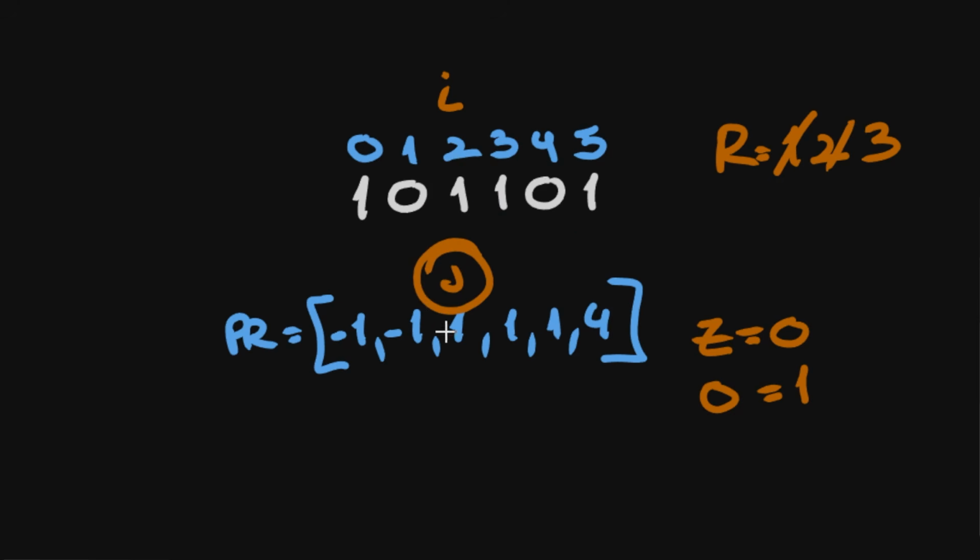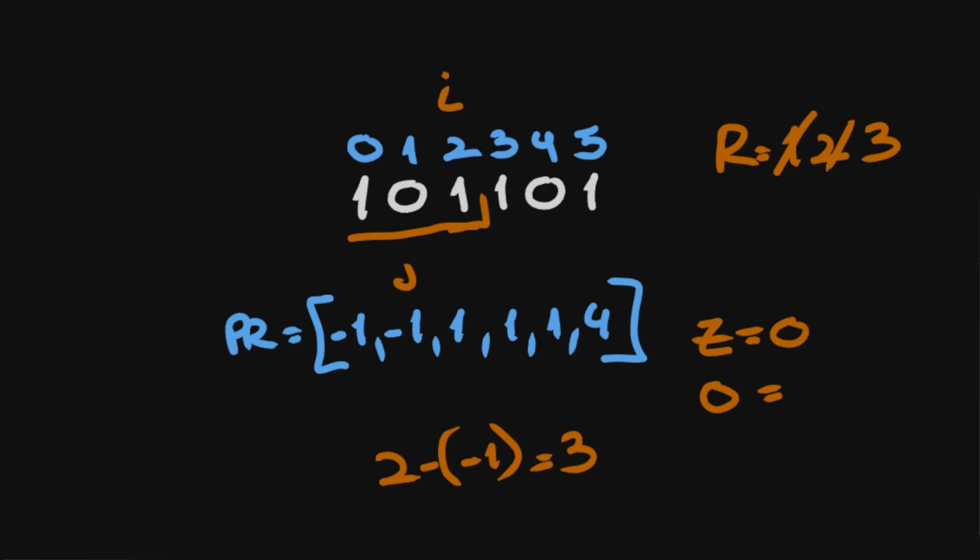Now we move the j pointer to previous at j, meaning here. And here we have the same question, what's the length of the current substring which has this index at the right endpoint? So we do 2 minus previous at j, and 2 minus minus 1 is 3. So we are looking at this substring. Every time we move the j pointer, we take a new 0 because these are indices for zeros that are to the left of the current index.